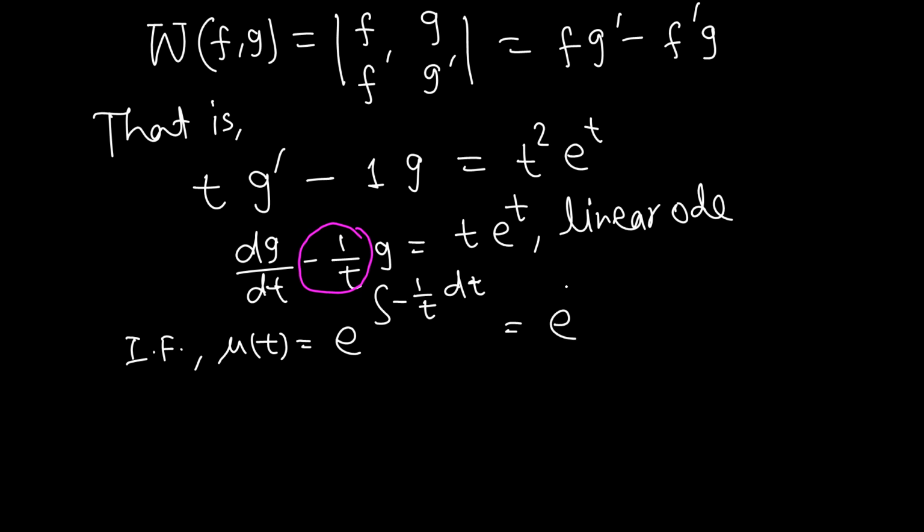A negative outside, ln t, and we can take t positive, so we don't have to put absolute value, and this is the same as e raised to negative ln t. That's e raised to ln of t to the negative 1. Now we can cancel e and natural log, I mean they cancel, so this is t raised to negative 1. The inverse of t means just 1 over t.